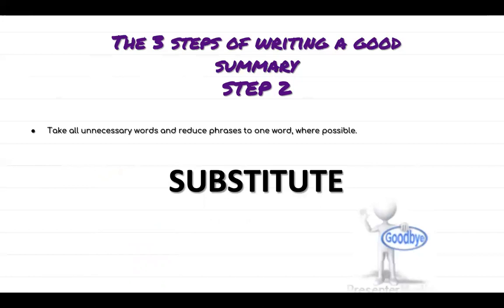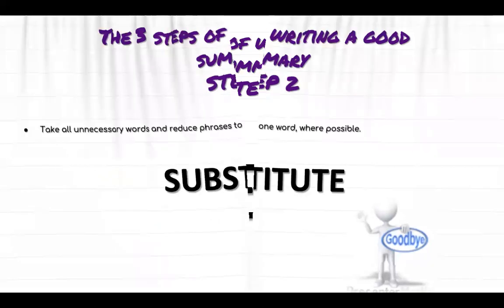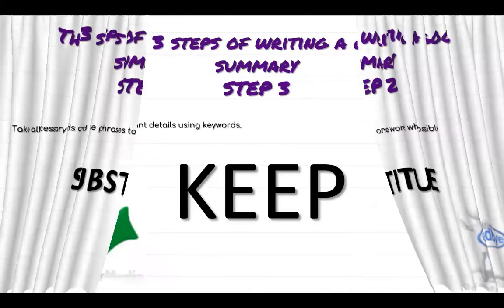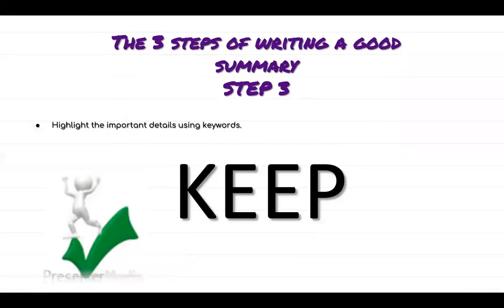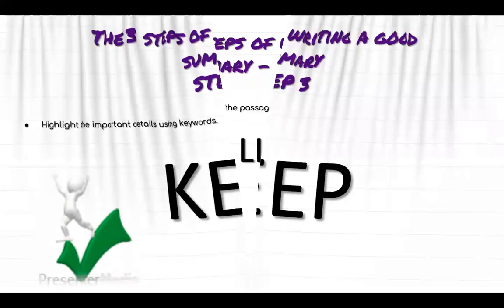So unnecessary words and phrases, where possible, we just condense them to one word. And then the last step: we keep, or we just highlight the important details using keywords. But there are additional steps. Let's go. What are they?